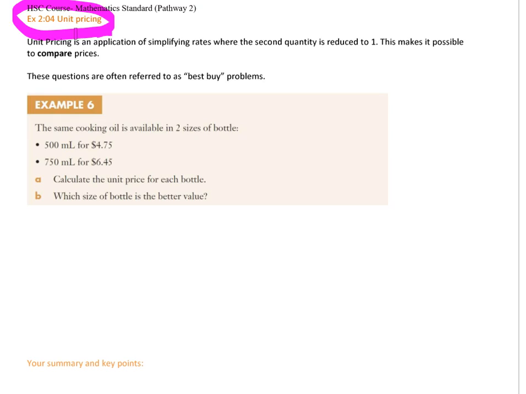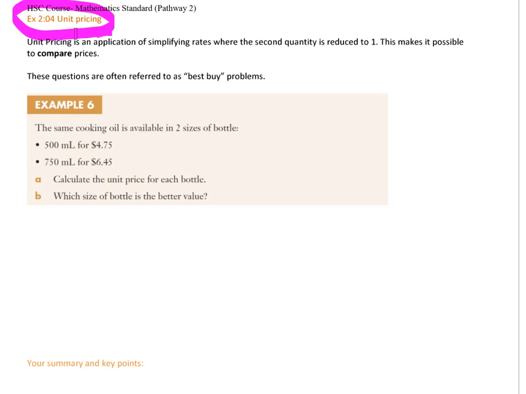So this is not the only place it could be used, of course, but I've chosen to focus on the price of some quantity and comparing the value that you're getting from one brand, say, to the next.